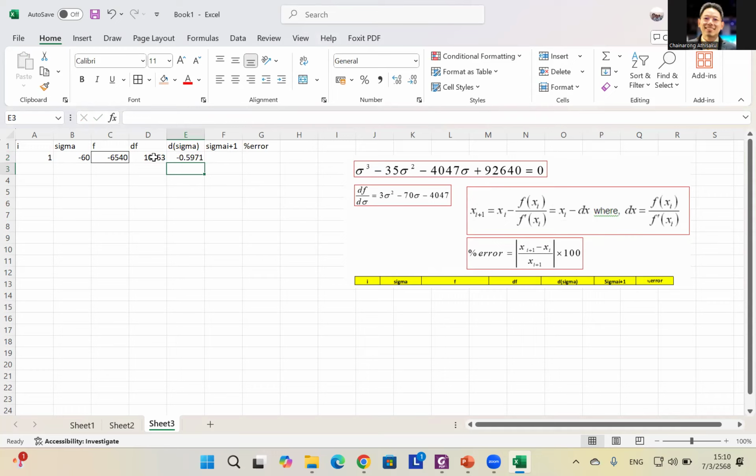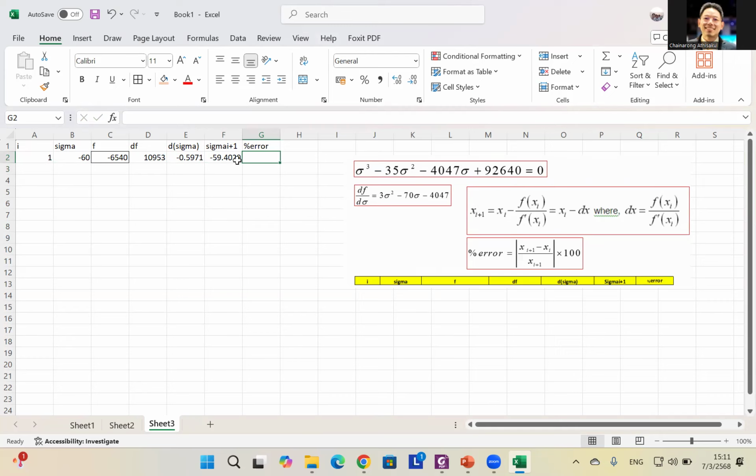Okay, and then sigma 1 becomes, because we define it to be f(x) divided by f'(x), then it becomes this value minus the rate. This one here, right? Okay, and the percent error is what?